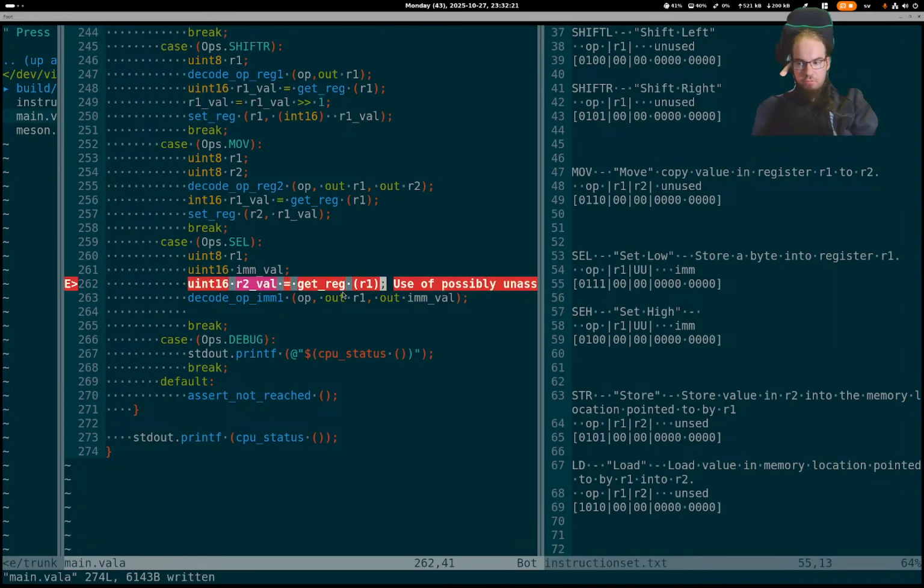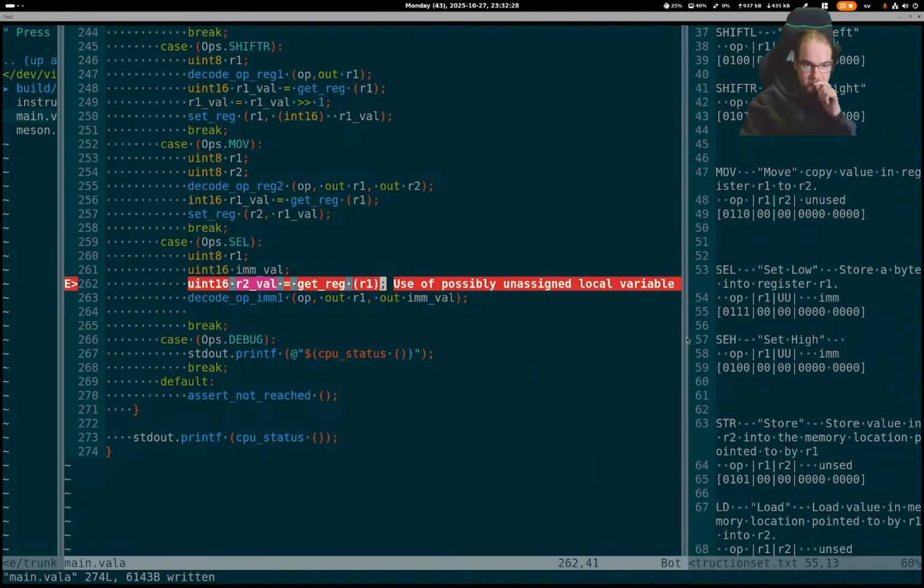Now we have the value of R1. Yes, is it? R1 val. What is going on here? Okay.